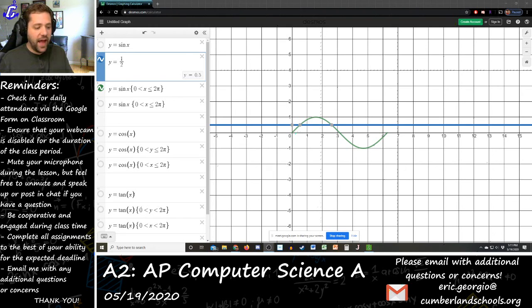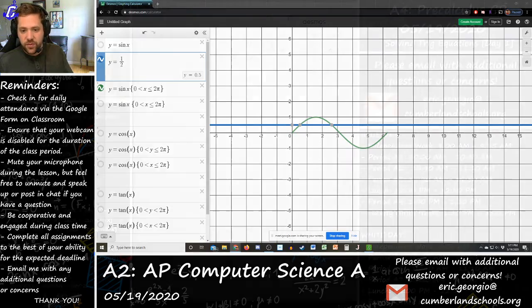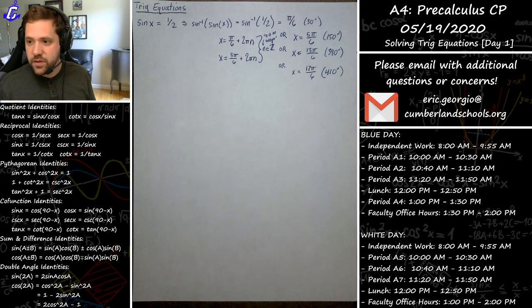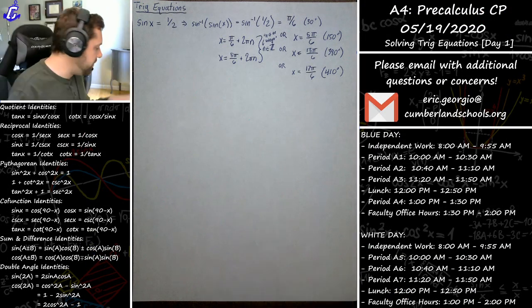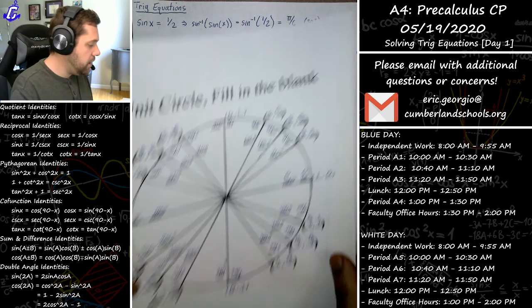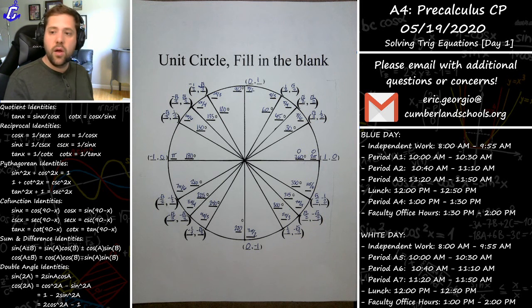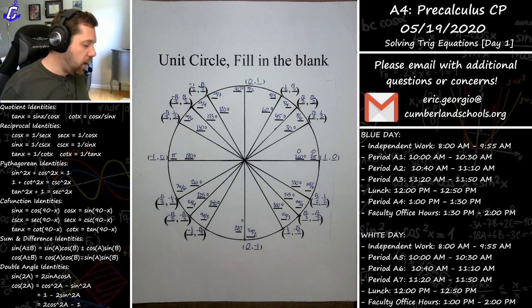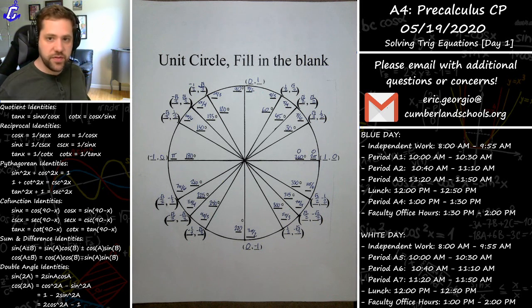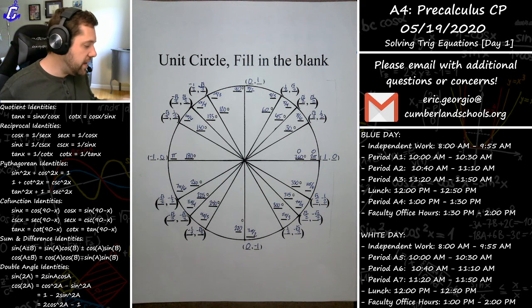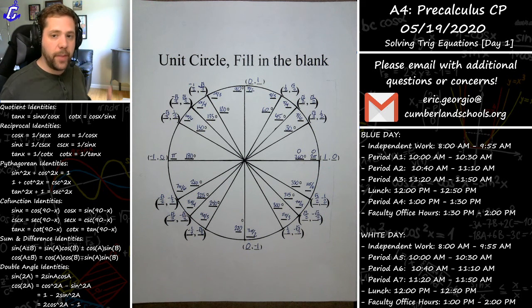So what we ask ourselves, and I'm going to go back to the unit circle here, looking at our unit circle, is: how far do I have to go around the circle at minimum to encapsulate all of the possible values of sine?